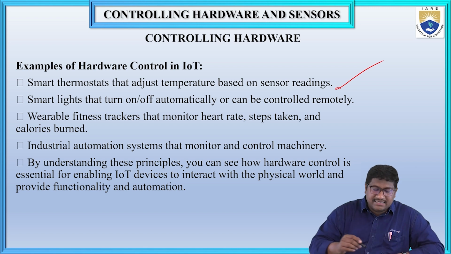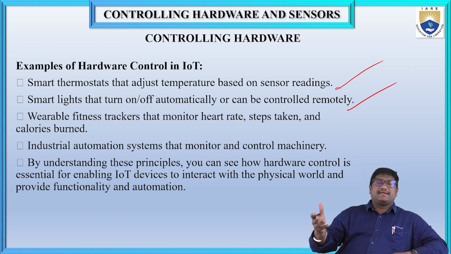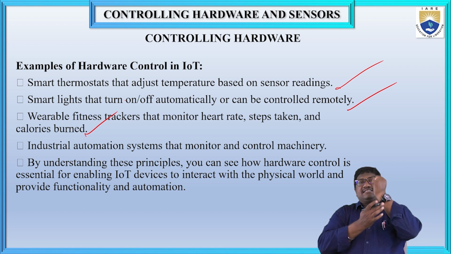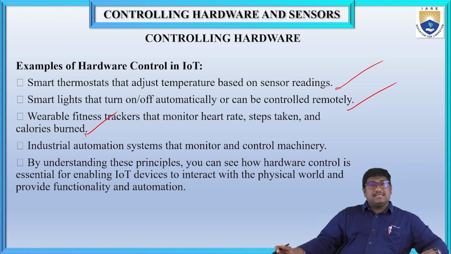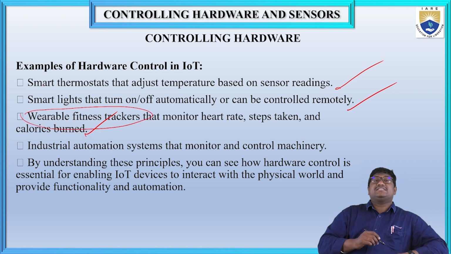Coming to the second one, smart lights, which can be turned on and off by controlling remotely. Coming to the next one, wearable fitness trackers, which are used enormously nowadays by n number of people. They monitor our heart rate, the steps taken, the prevention methods, and how many calories I have burned for the day. Everything can be noted down by using these wearable fitness trackers.